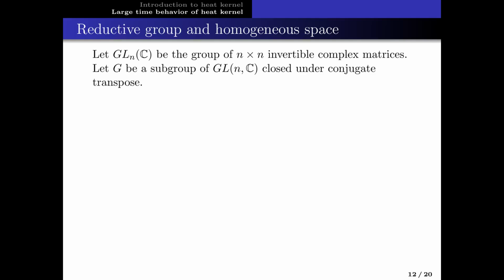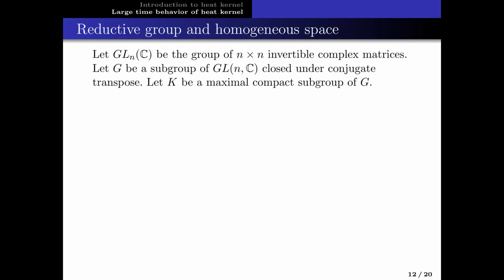And for a reductive group, I'm using a practical definition. We're looking at subgroups of complex invertible matrices that are closed under conjugate transpose. So under the transpose and the conjugation, our group is closed. So it is still a group. And now K is a maximal compact subgroup of our group.